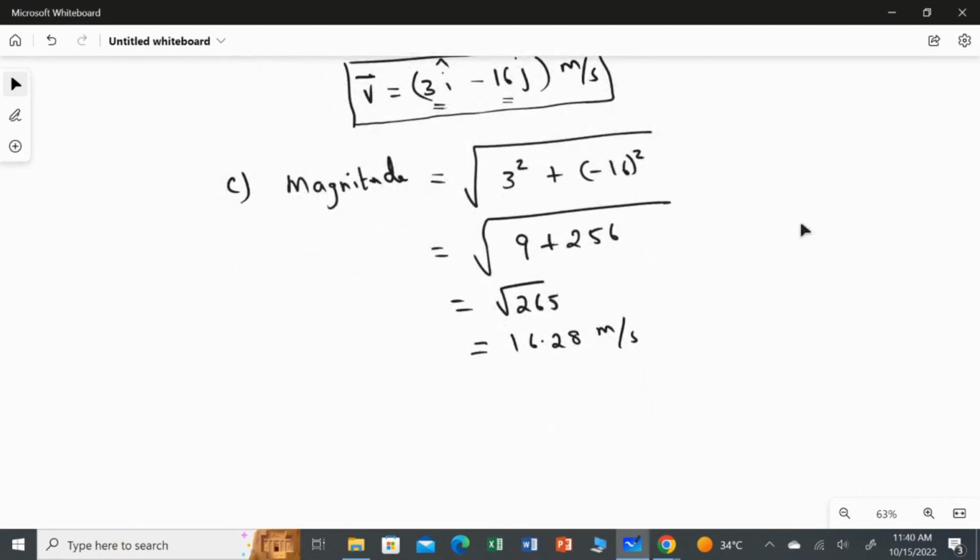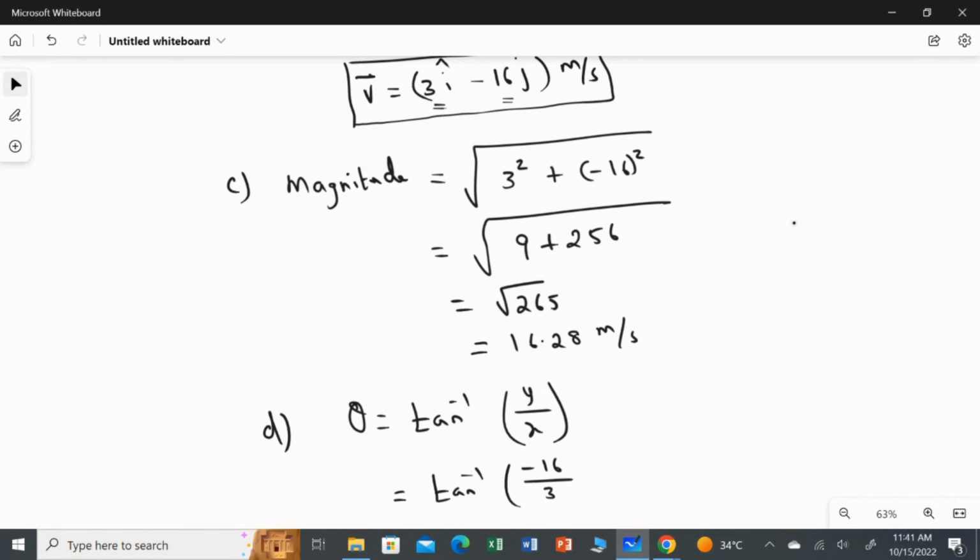Now, in the fourth part, we are going to find the angle. As we already studied, the formula for finding the angle is theta equal to tan inverse of y component over x component. Here our y component is minus 16 and our x component is 3.